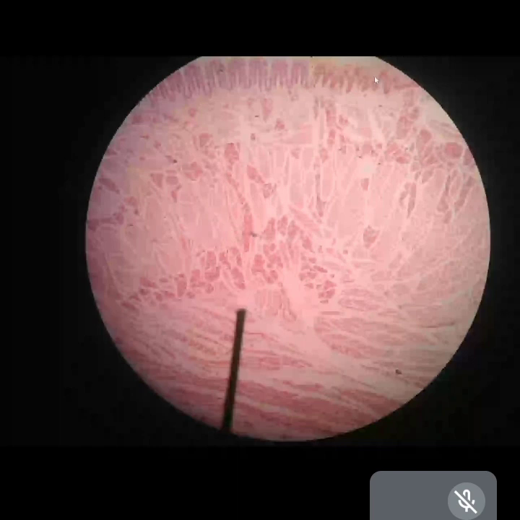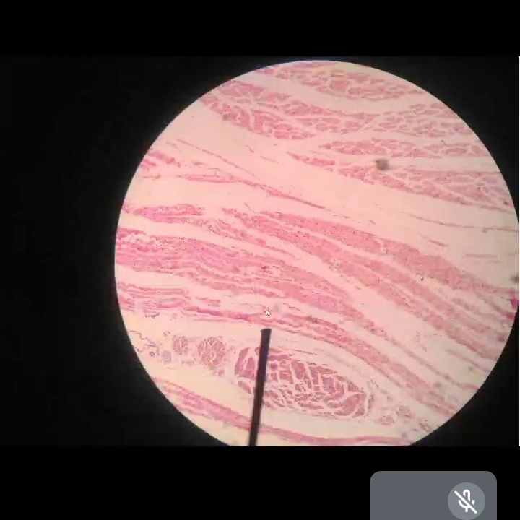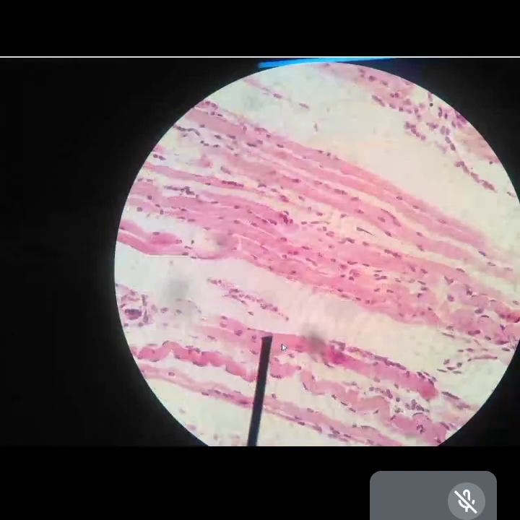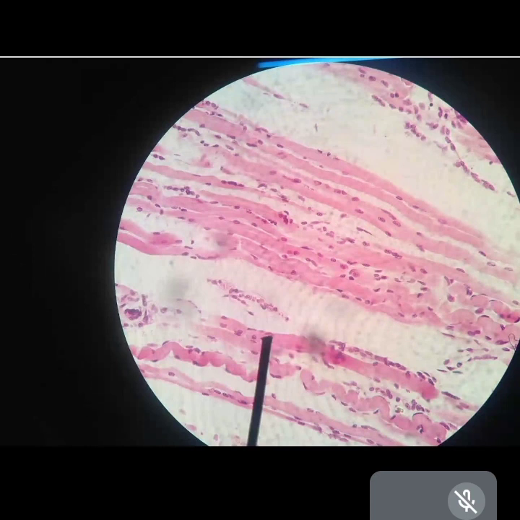So it's not so clear, but what is demonstrated here is a striated skeletal muscle. So, as you can see, here, it is striated, and then the black dots here are the nucleus of each muscle fiber. There. So, just watch the video in the laboratory. It will be explained there further.